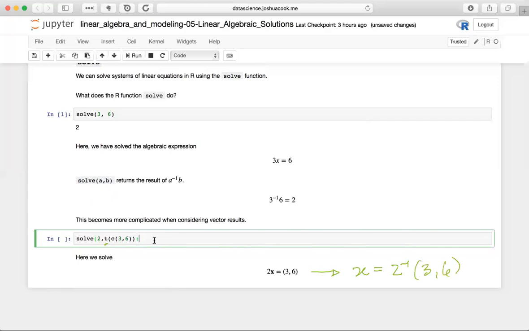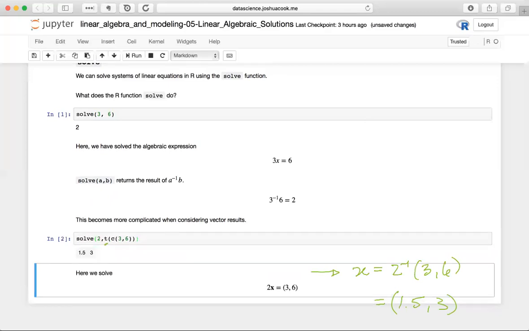And you can probably look at that and tell, oh, that's going to be 1.5, 3. Right? 2 inverse is 1/2. So 1/2 times 3 is 1.5, and 1/2 times 6 is 3. Let's see if that's what we get. Yep, we get 1.5, 3. So this solve function in R, if we have solve A, B, that's going to give us the result of A inverse B.